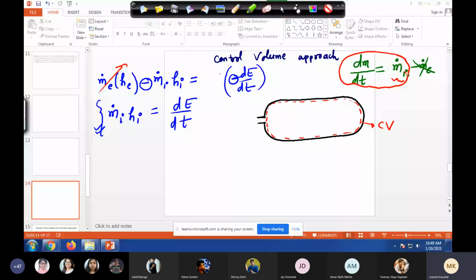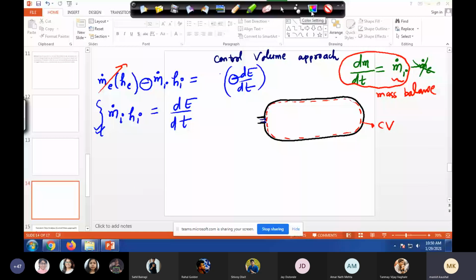This we know from mass balance. That's how the mass of the control volume is changing, at the rate at which gas is entering the tank. This is the entry point where gas is entering.